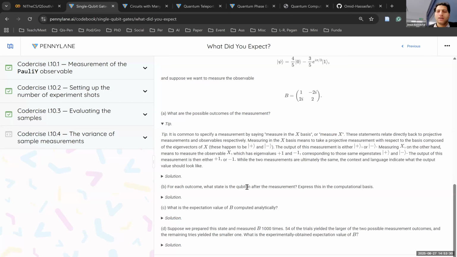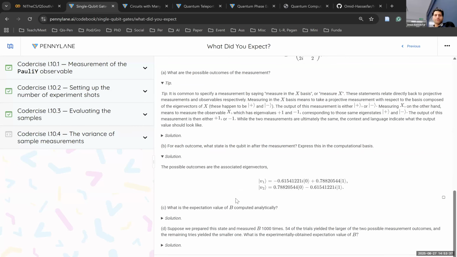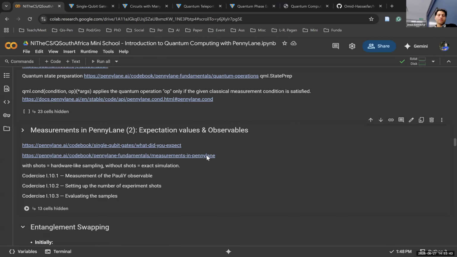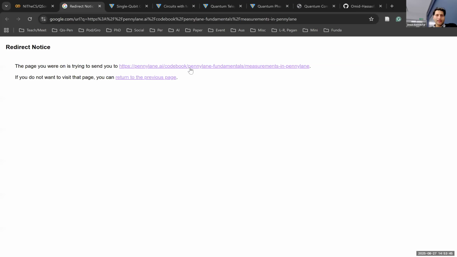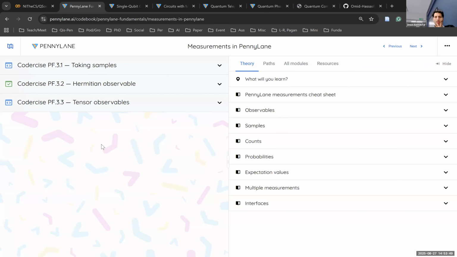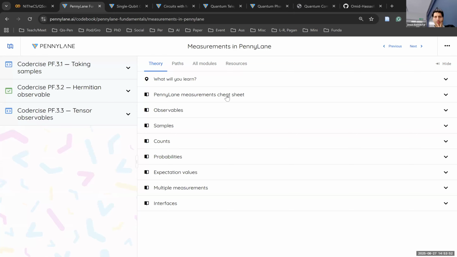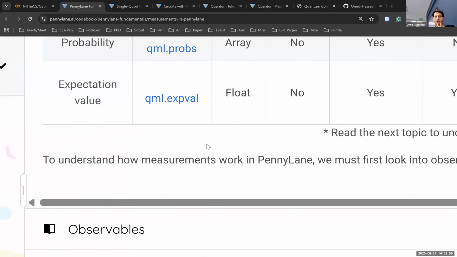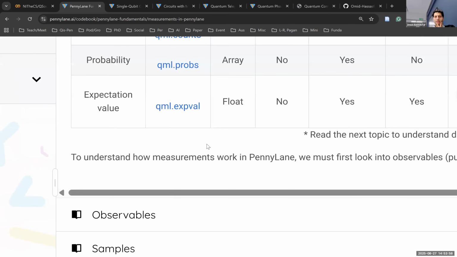But I just wanted to keep time for Q&A. How can we check this in, for example, PennyLane? One method is this. First of all, this is the cheat sheet. You have qml.expectation value.